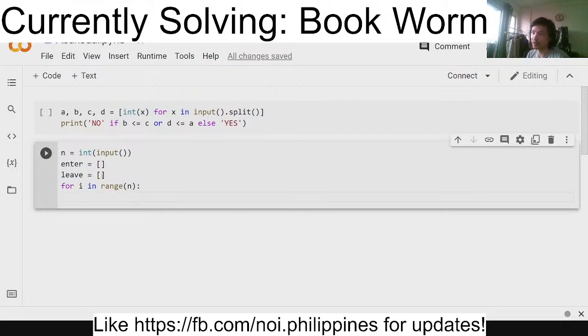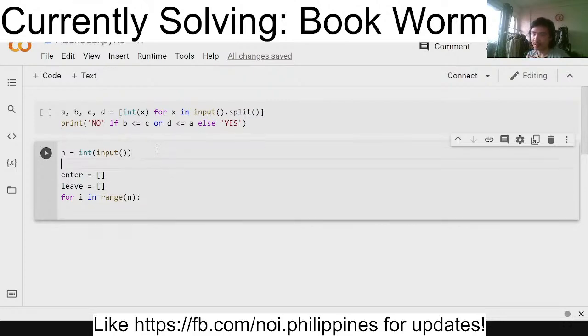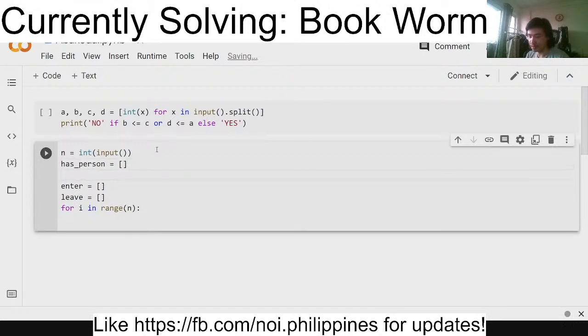Actually, we don't need to save this, right? We can already put the Boolean array of times at the front. So has person, let's say, and you fill this out with false, right?